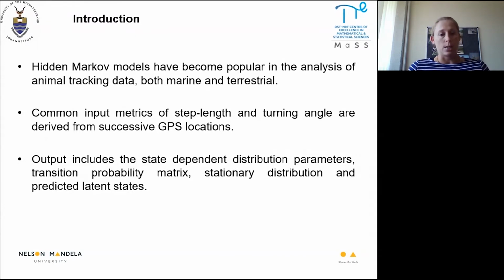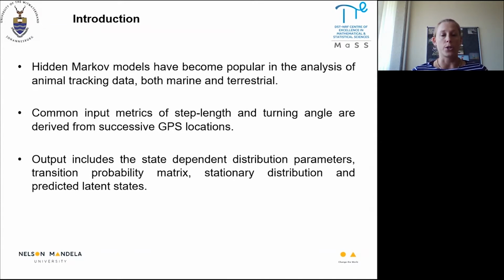Once you've fitted the hidden Markov model, the output includes the state-dependent distribution parameters. So that is basically fitting a particular statistical distribution to the data. Then the transition probability matrix, basically giving you an idea of the probability of shifting from one state to another.